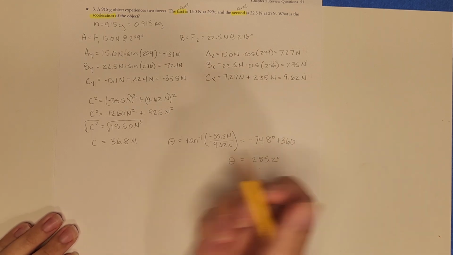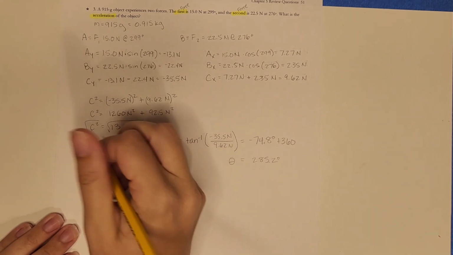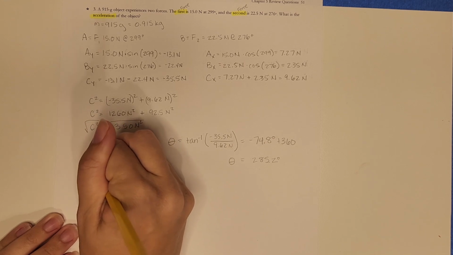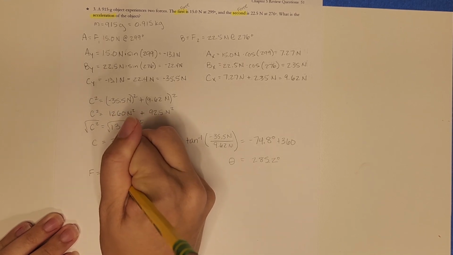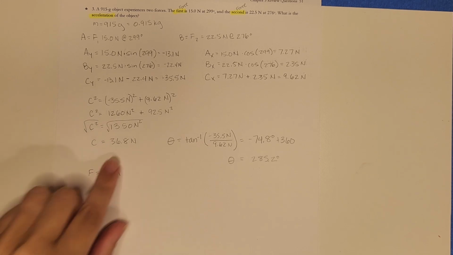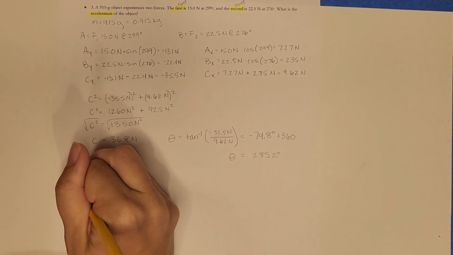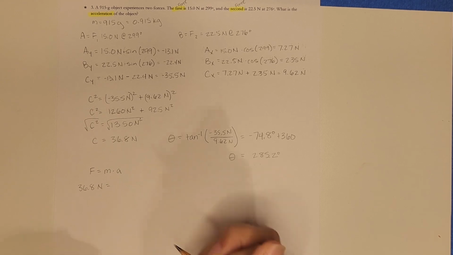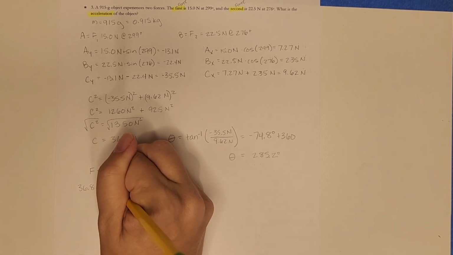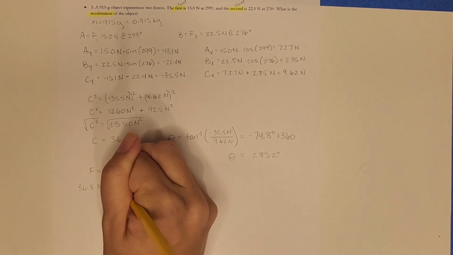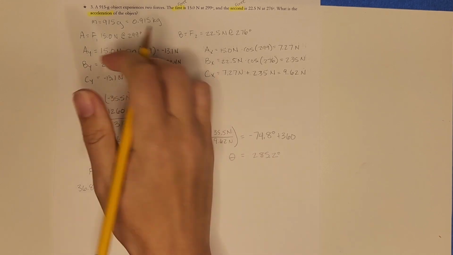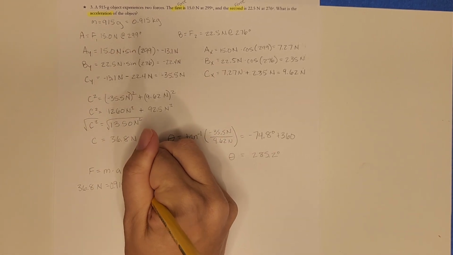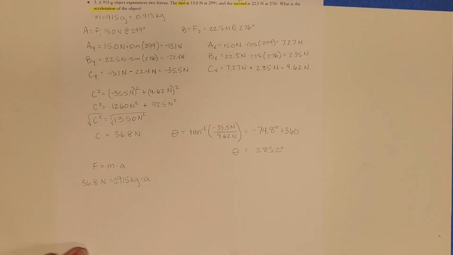Okay, so now we can determine our acceleration using our force equation, right? So remember, force equals mass times acceleration. Our force is 36.8 newtons, and our mass is 0.915 kilograms because we did that conversion up here. And our acceleration is our unknown.